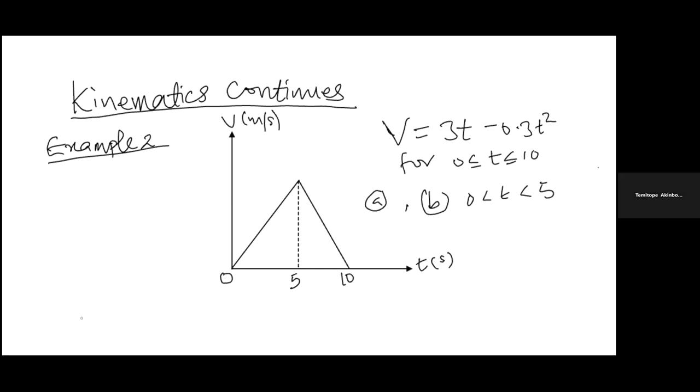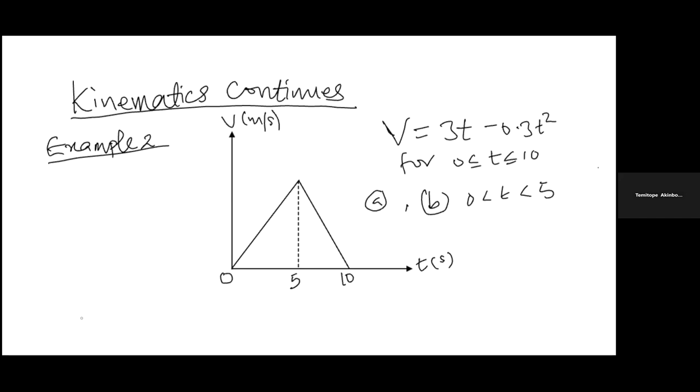A particle Q starts from rest at A at the same instant as P and travels along the same straight line as P. The velocity of Q is given by V equals 3t minus 0.3t squared for 0 less than t less than 10. The displacements from A of P and Q are the same when t equals 10.